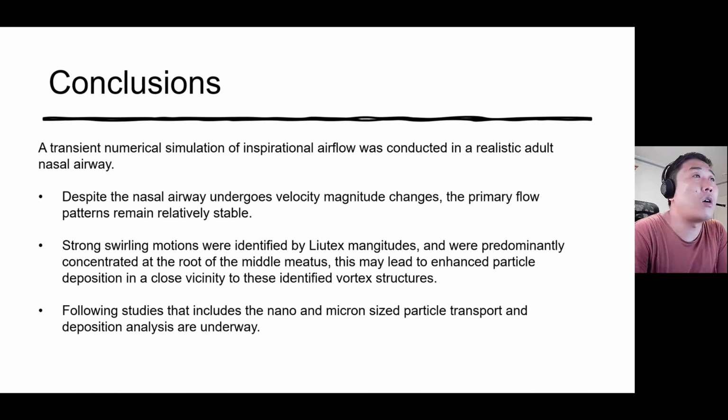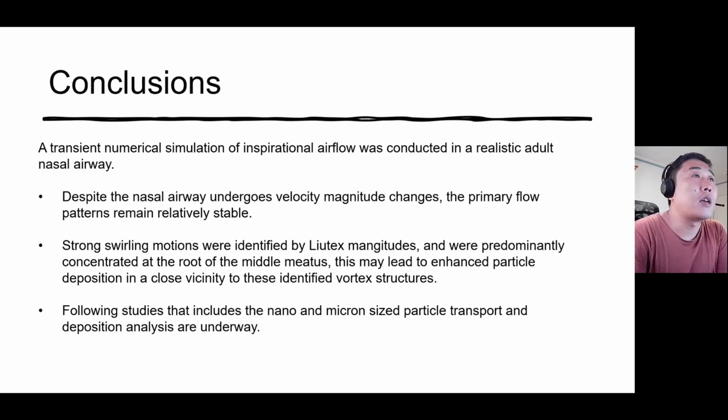Strong swirling motions were identified by LUTEX magnitudes, and those structures were predominantly concentrated at the root of the middle meatus. This may lead to enhanced particle deposition in close vicinity to these identified vortex structures.